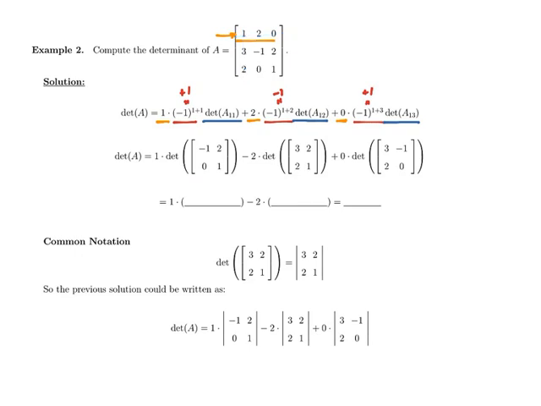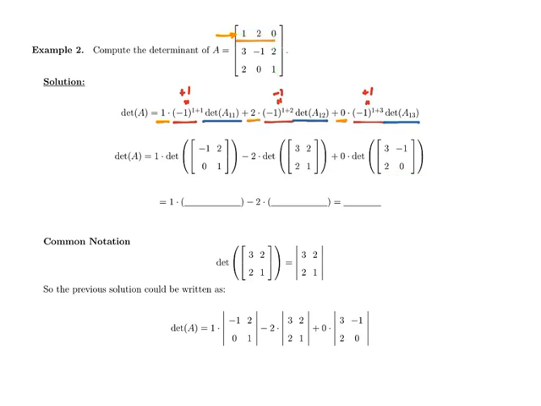In A12, we delete the first row and the second column, and we'd be left with 3, 2, 2, 1. And then finally, we're going to do the same thing with the third. That's going to be the first row, third column. We'll be left with the matrix 3, -1, 2, 0.